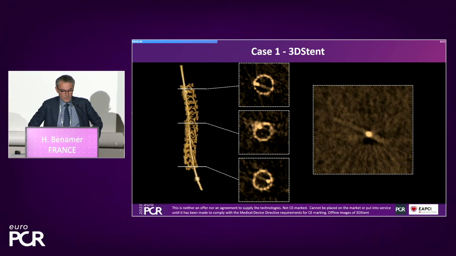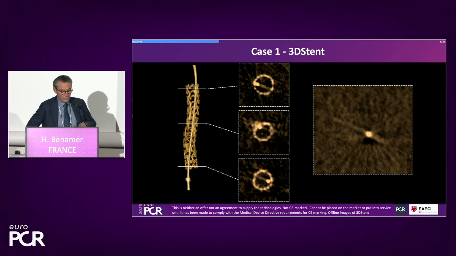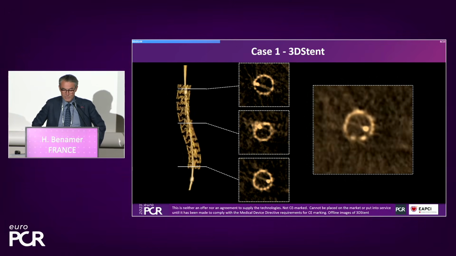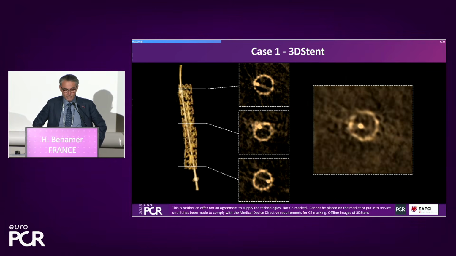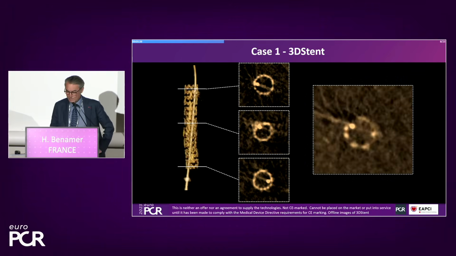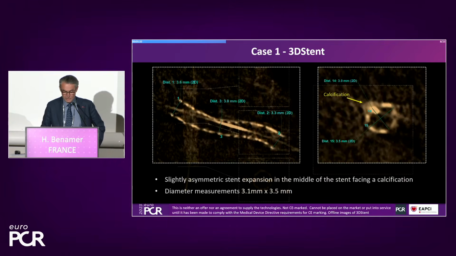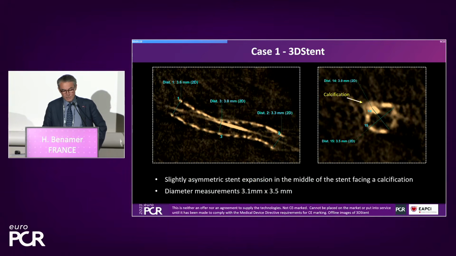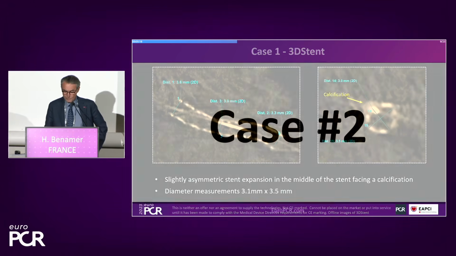As you can see, we can clearly see the calcifications, and we clearly define the area where the stent is not very well opened at the middle part of this lesion. Here we can make a precise measurement of the diameters of the stent, and as we saw before, it really impacts the prognosis of the patient when the stent is not well opened.